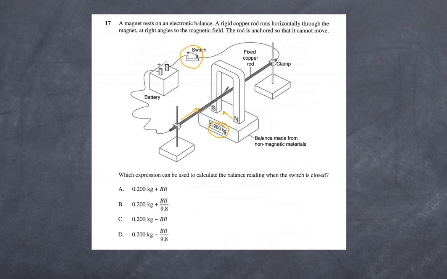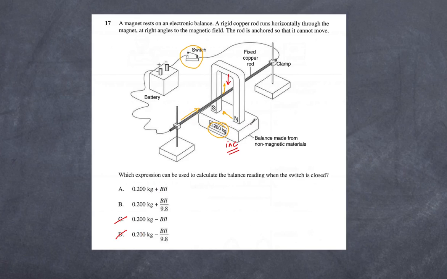But even though the force will be in the upward direction, the wire here, or this pole here, is fixed. So you're going to expect the magnet to respond by being pulled down. So this value is going to increase. So the reading afterwards will definitely be an increase. So C and D are excluded.